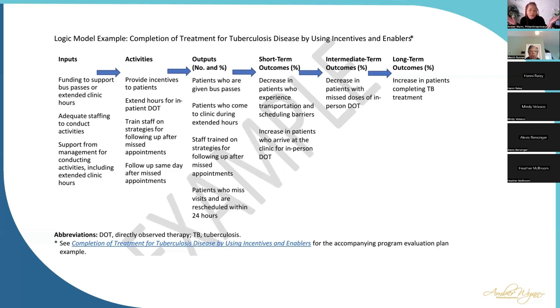That's the only thing you have to make sure of. As a reviewer, I'm looking to see: what are the inputs? There are 3. What are the activities for those inputs? What are the outputs and the outcomes for short, intermediate, and long term? You see here, they don't have assumptions. They don't have what's going on in the environment.